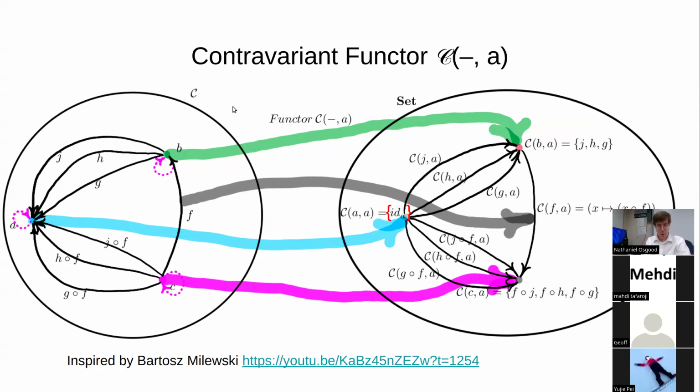In C, we're asked about ways of getting in C from things to A. So this object turns into ways of getting from B to A. Object C gets turned into a set. What is that set? It's ways of getting from C to A, again, in category C. Just these.